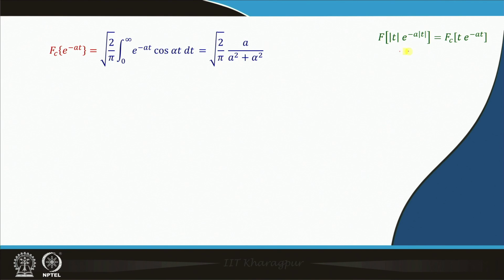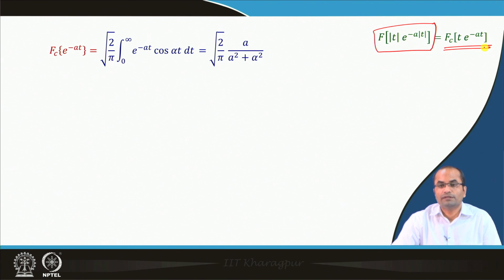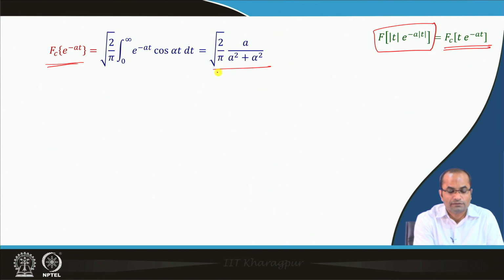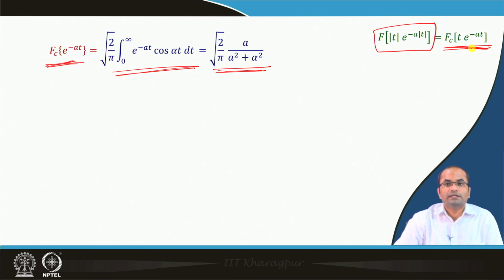Having this in hand, we want to get the Fourier transform of the absolute value of t into e power minus a t, that is the Fourier cosine transform of t e power minus a t.